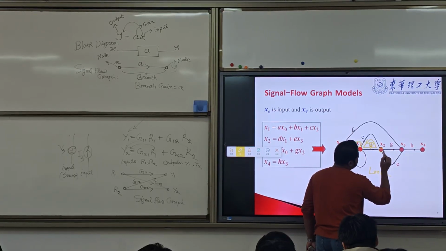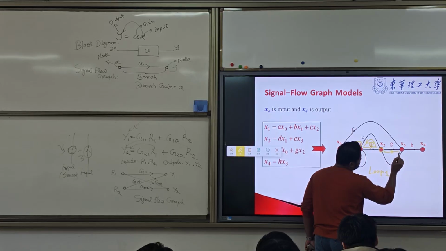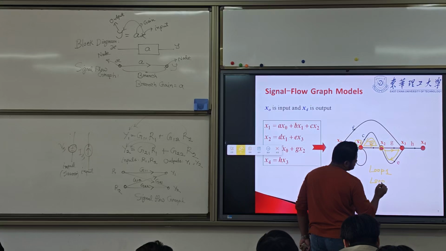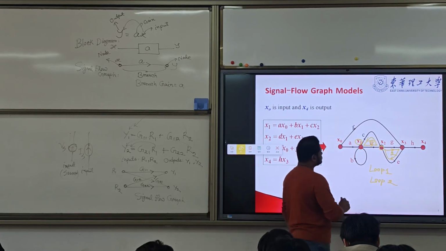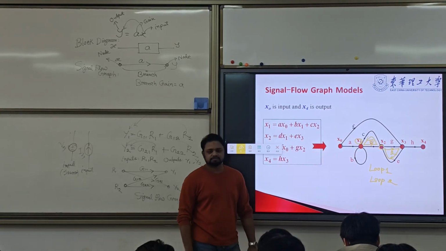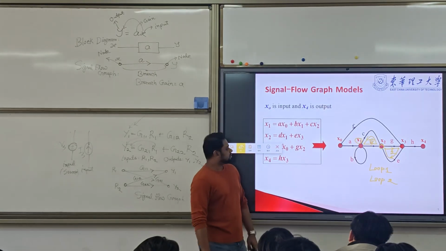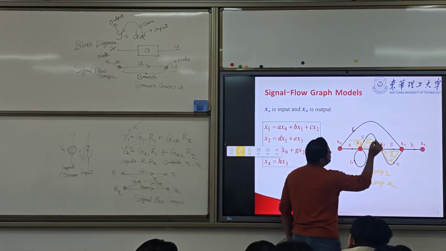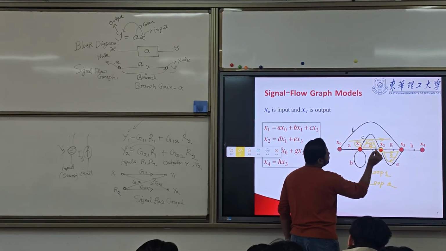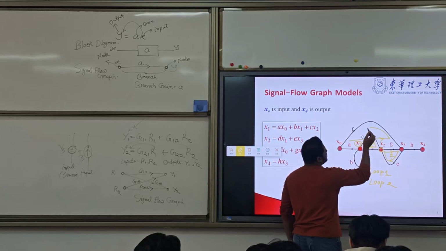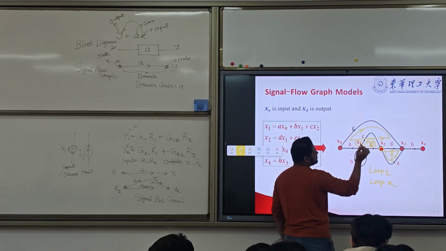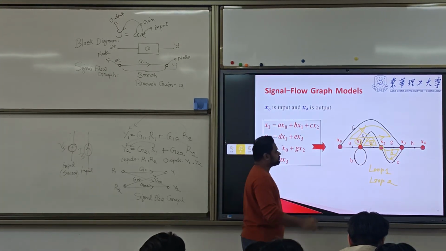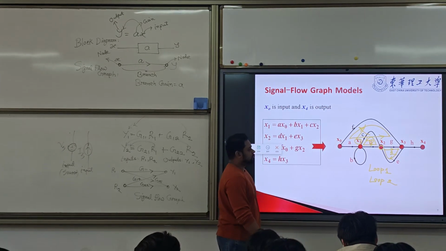It started from x2, forward direction, going back to x2 again. Loop 2. Any other? Here, look at this. It is going forward direction, x0, x1, x2, x3. Is it a loop? No. This is not a loop. So we have two loops.